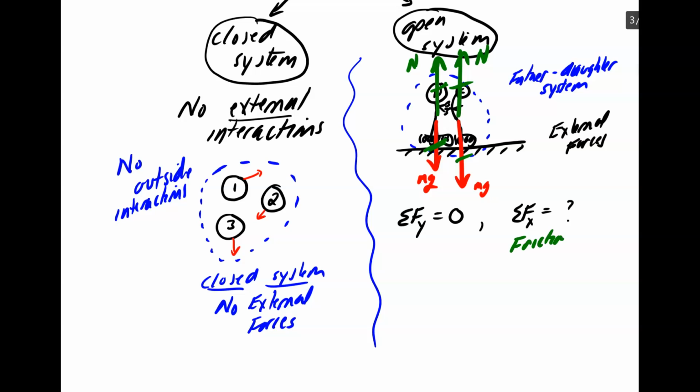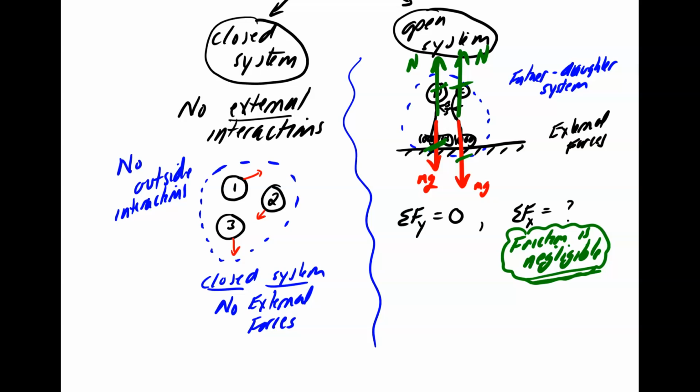So we're going to say that friction is negligible. So even though there might be some friction acting on the daughter as she goes rolling to the left, and some friction acting on the father as he goes rolling to the right, we're going to say that the size of those friction forces is too small to worry about.